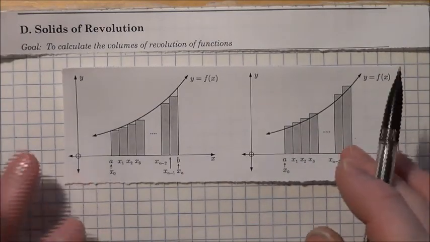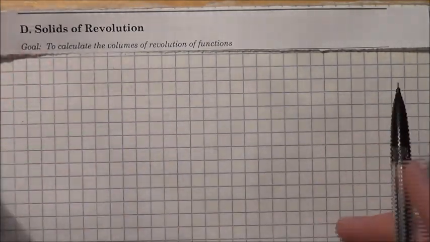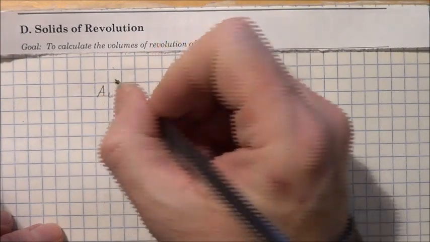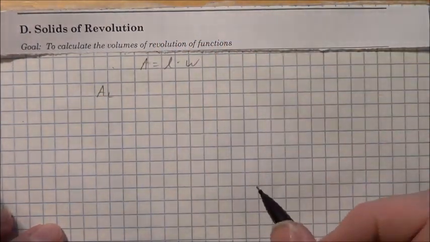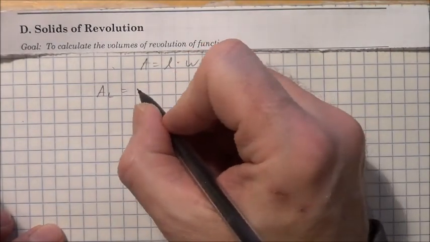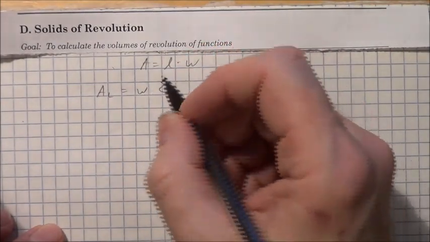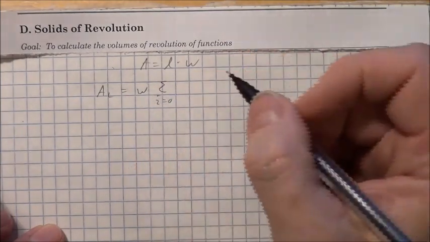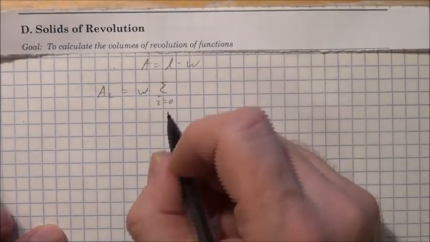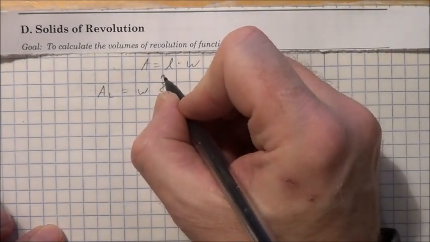To find the approximation of the area under the curve, since area is length times width for a rectangle, we multiplied the width by the sum of all the lengths, or the heights, of each of those rectangles, from i equals 0 to n minus 1.